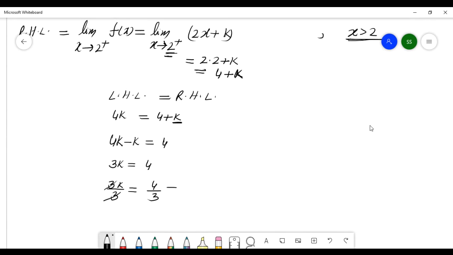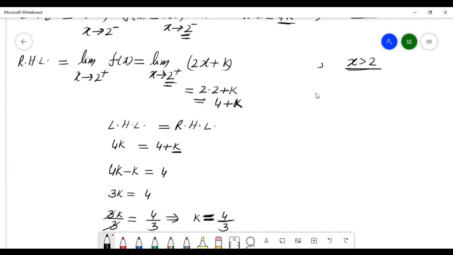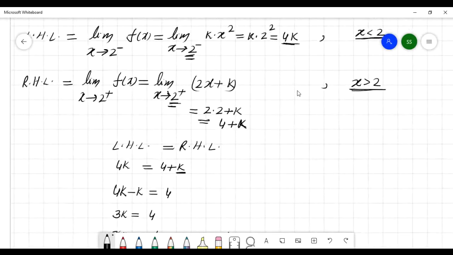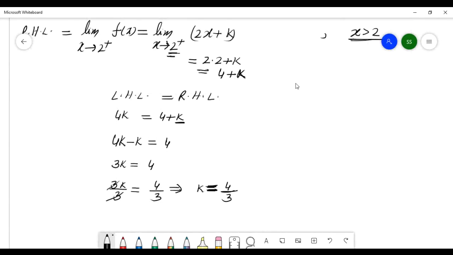This implies k equal to 4 by 3. This is the value of k, so the limit exists when k equal to 4 by 3.